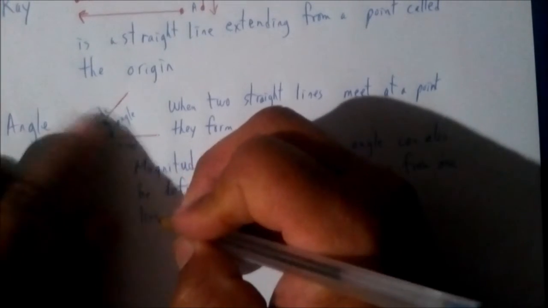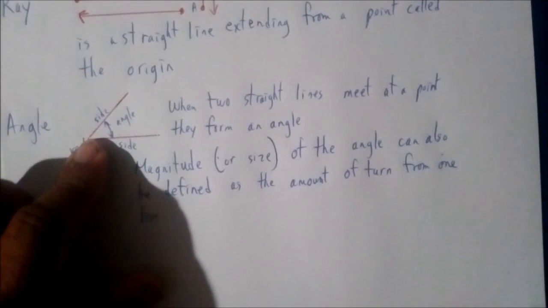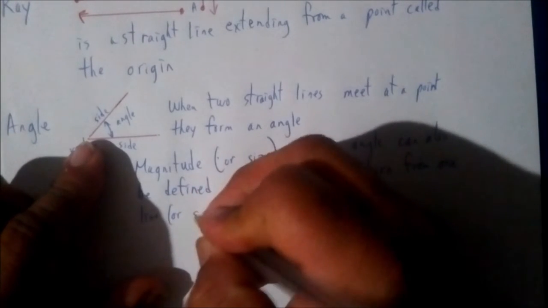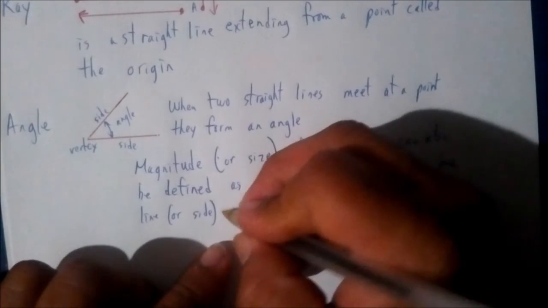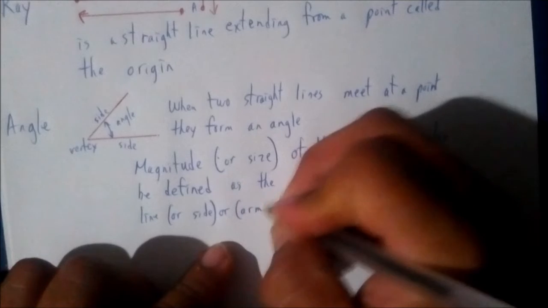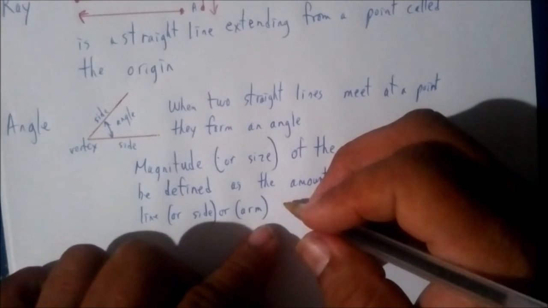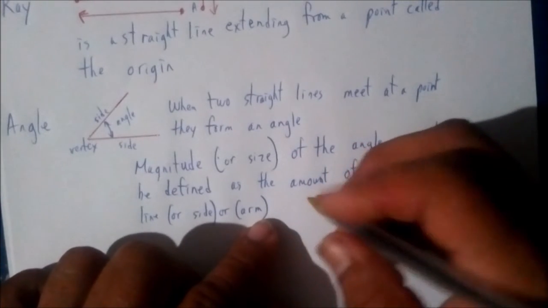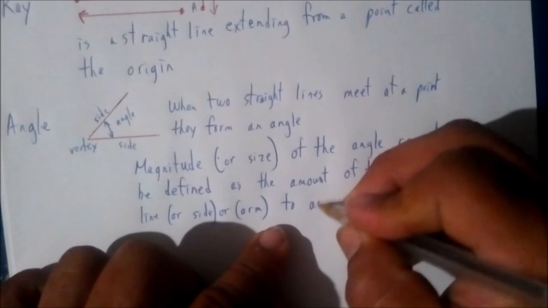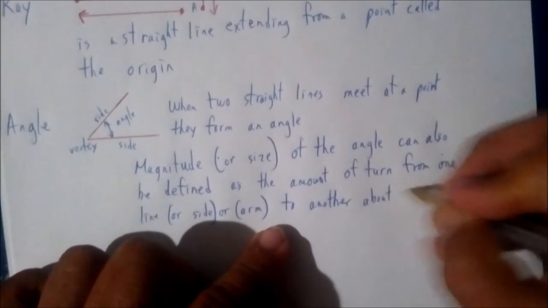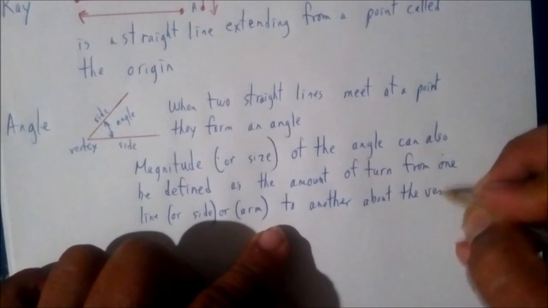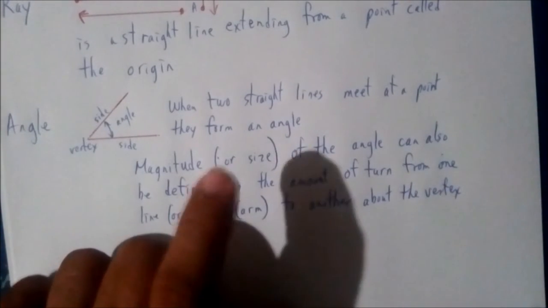On which line? Any one of these lines. It is just from one of them, a line, or side, or arm, to another about the vertex. So that is an angle.